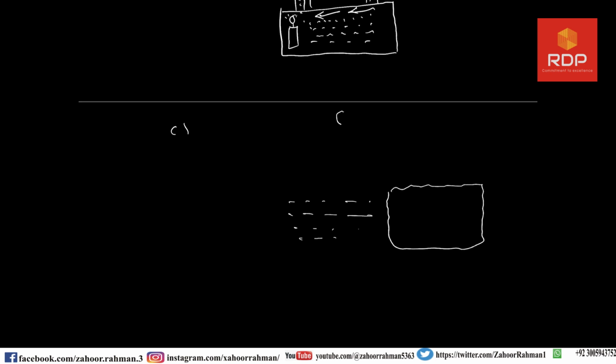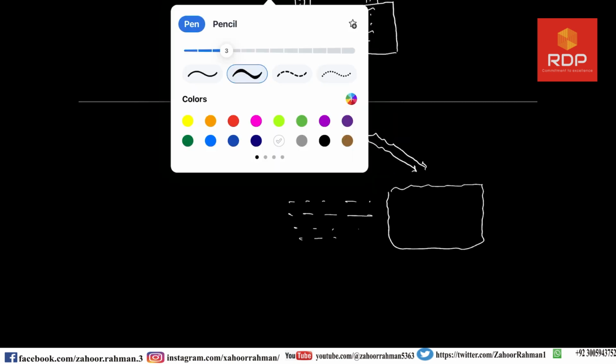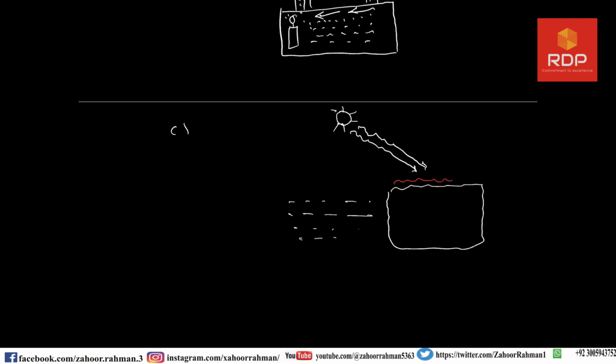At daytime, when there is sun, the radiation coming from the sun is absorbed by this soil, and as a result the soil becomes hotter and emits radiation, and the air around it becomes less dense, so it moves in upward direction.